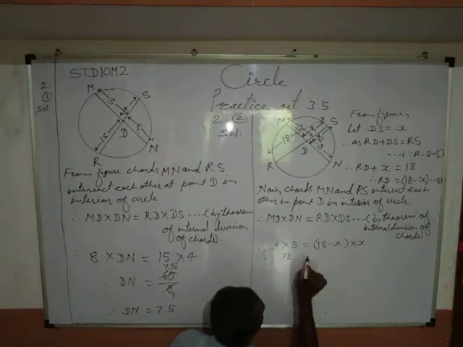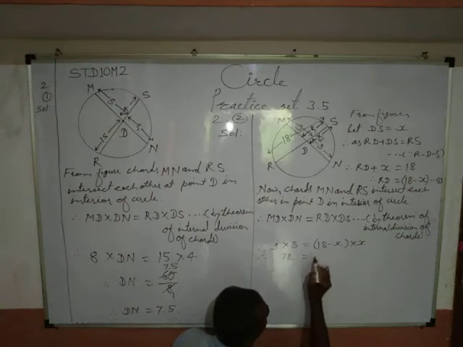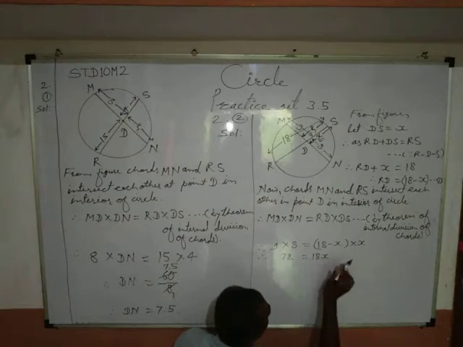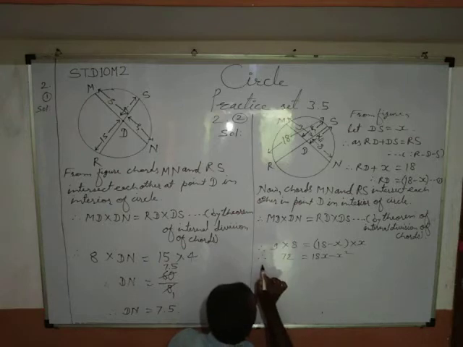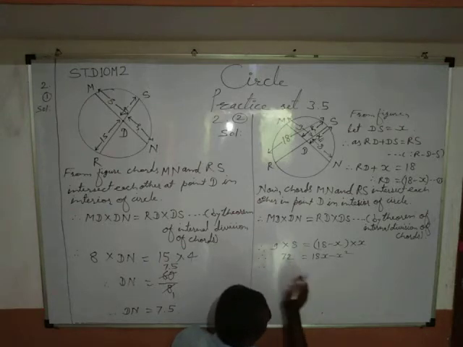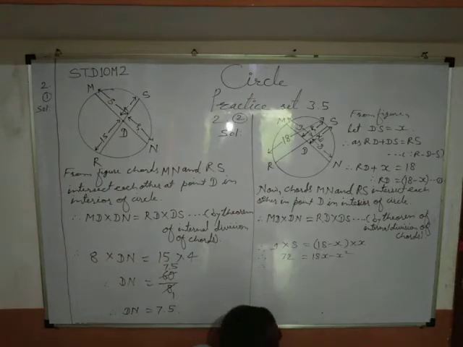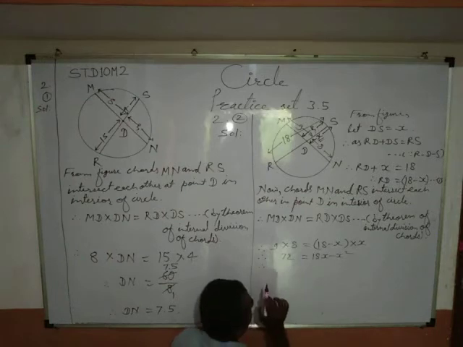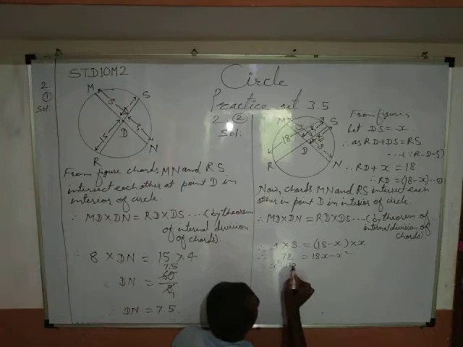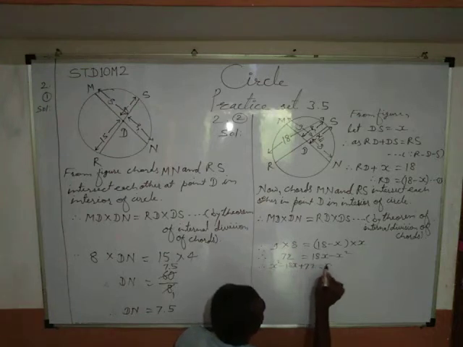8s are 72 equals x into 18 gives us 18x, x into minus x gives us minus x square, and therefore on transfer of right terms towards left side we get x square minus 18x plus 72 equal to 0.